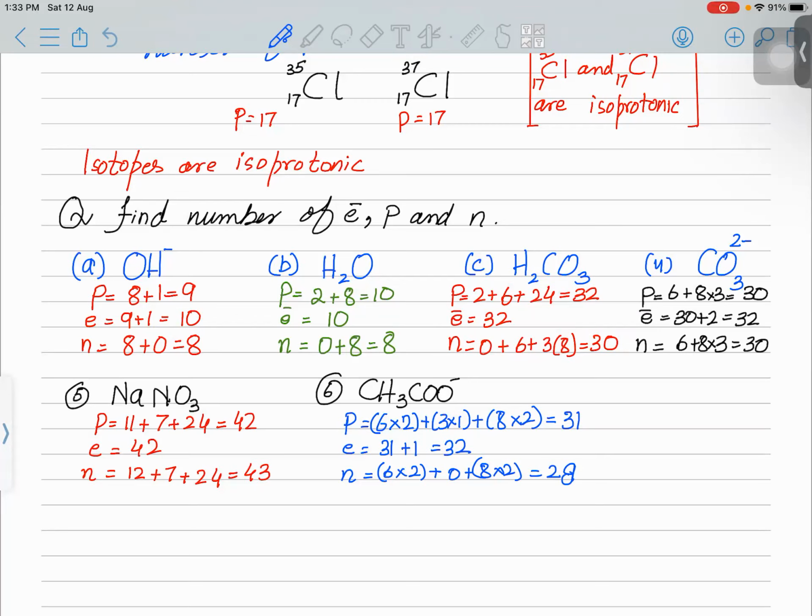Now we have completed subatomic particles.